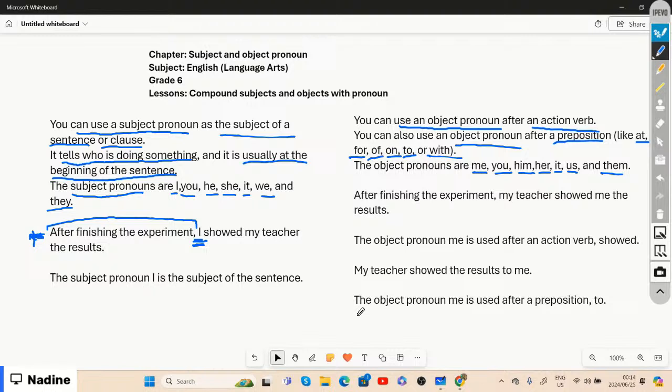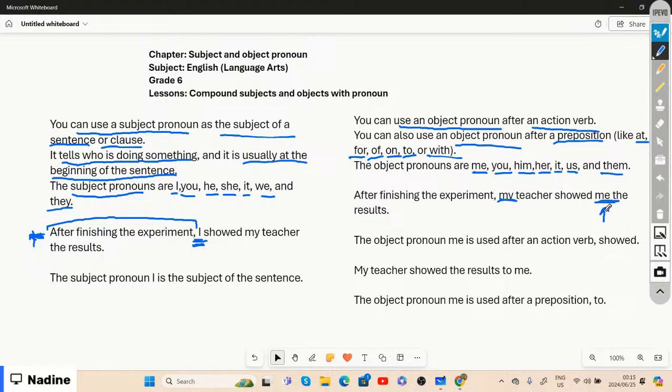All right. And if we look at an example of an object pronoun, it says, after finishing the experiment, my teacher showed me the results. So my teacher showed me the results.